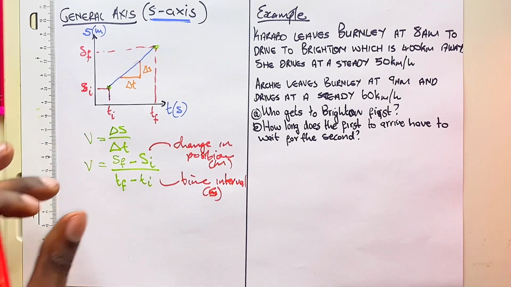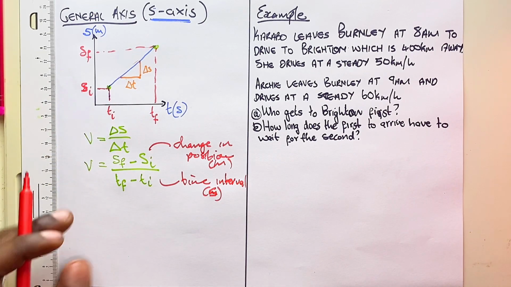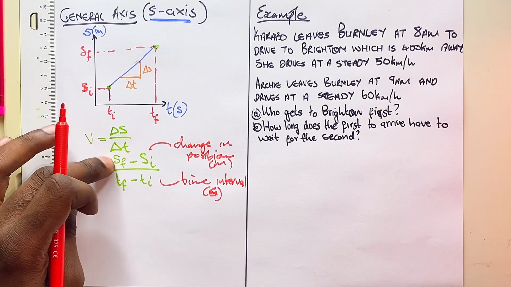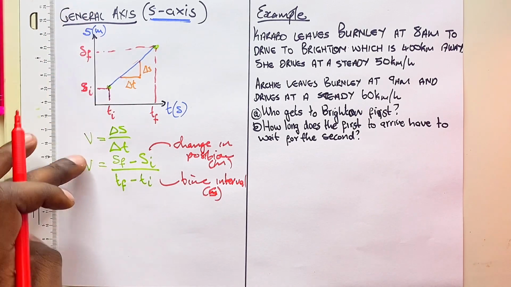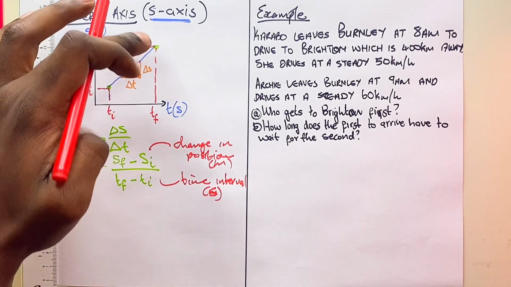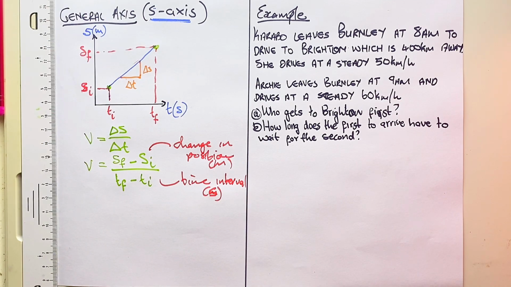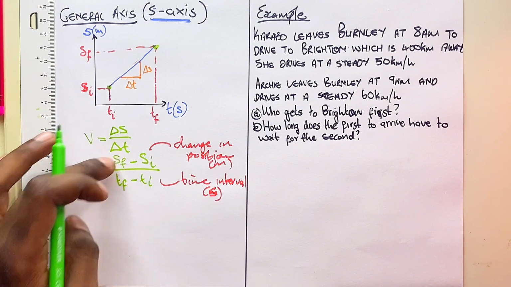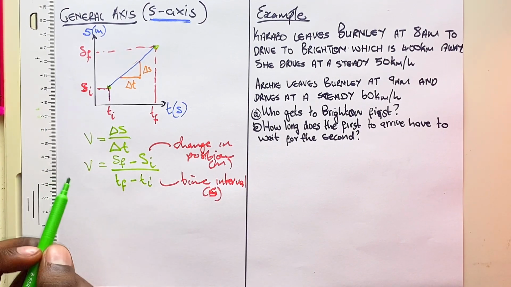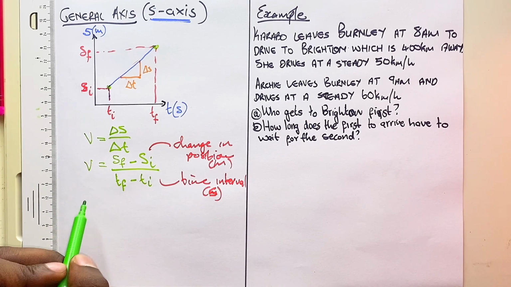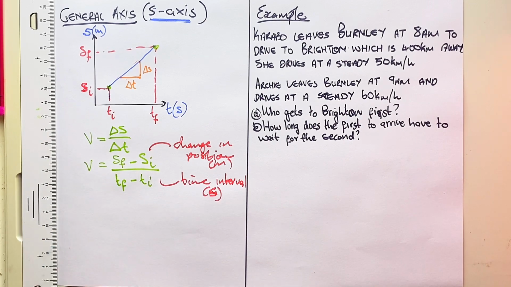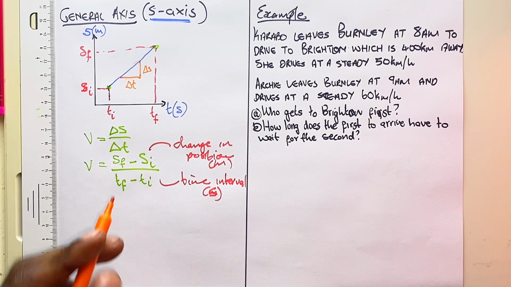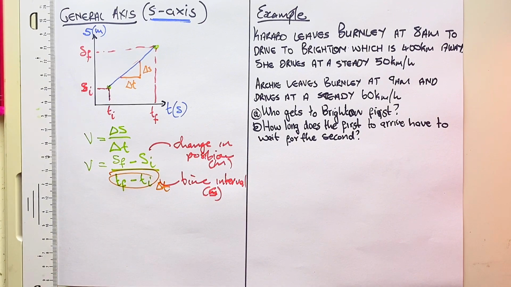Now we can rearrange this formula so that we can calculate our final position if we wanted to. This is sufficient, but what if we wanted to find out our final position? What we can do now is make SF the subject of the formula. To do that, I am going to multiply the time interval with the velocity, returning it to just delta t.